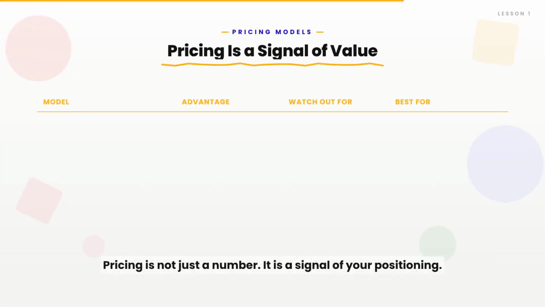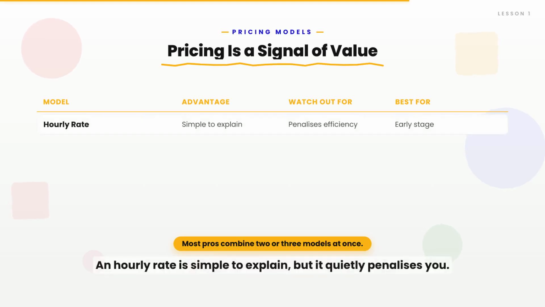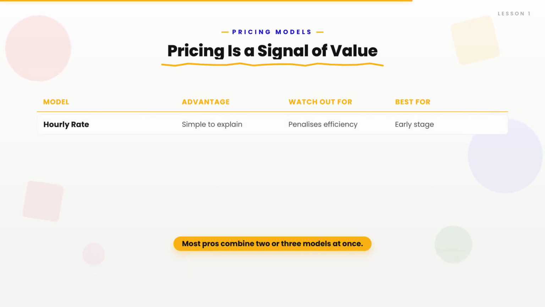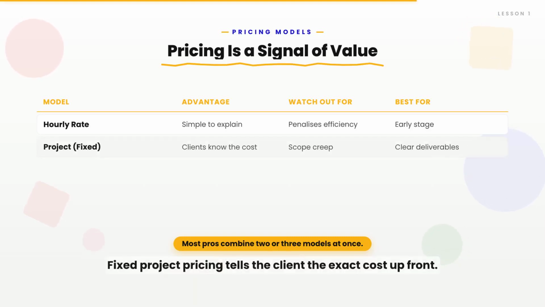Pricing is not just a number. It is a signal of your positioning. The model you choose shapes your entire client relationship. An hourly rate is simple to explain, but it quietly penalizes you. The faster and better you get, the less you earn. That's backwards. Fixed project pricing tells the client the exact cost up front.